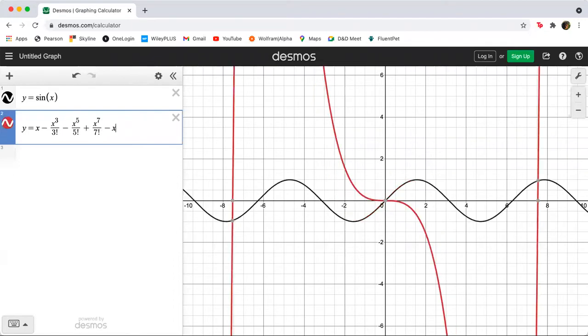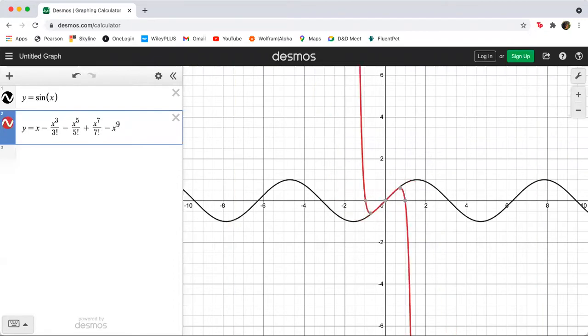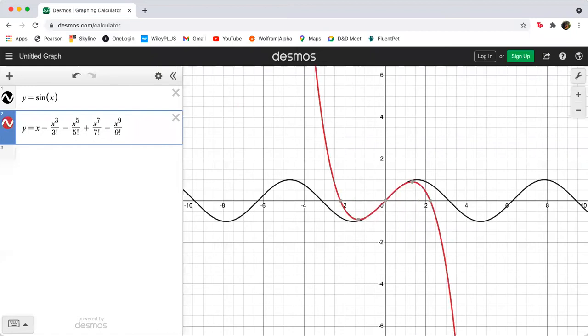But if we just keep using more terms, we just keep expanding this range where this polynomial looks like sine. Any questions? Sine is the odd one.